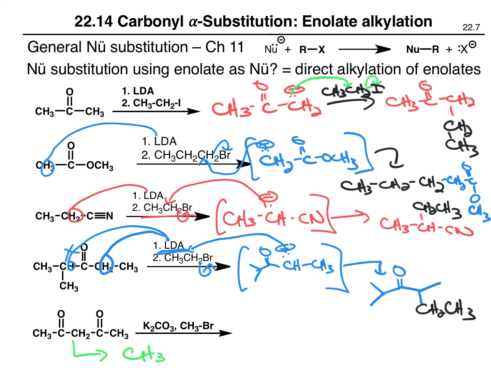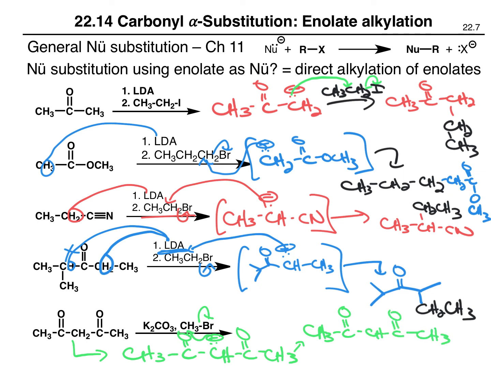So, treatment with potassium carbonate can give us some of this enolate, which can react with the methyl bromide, pushing away bromine as a leaving group, giving us this product.